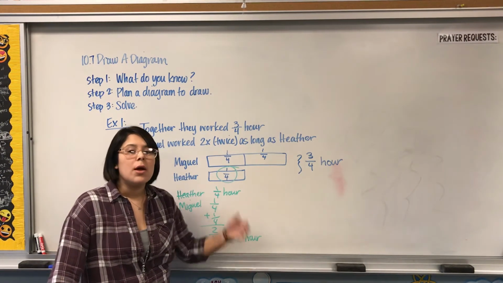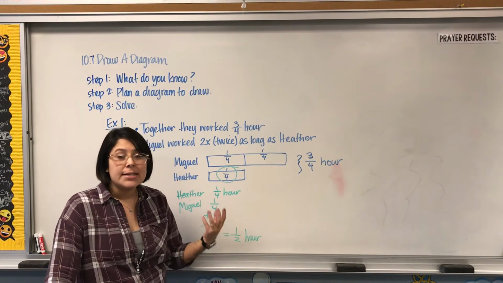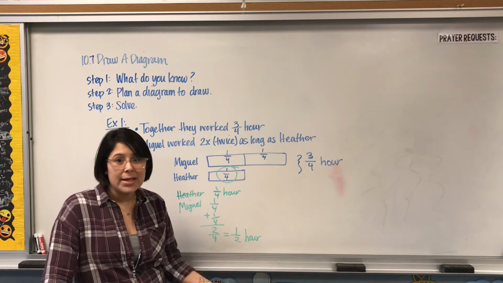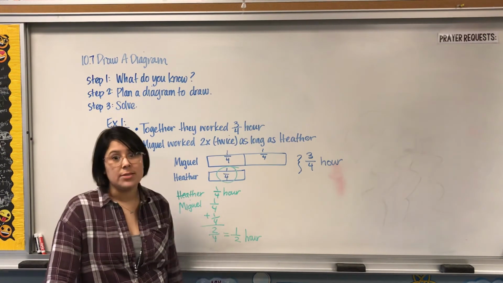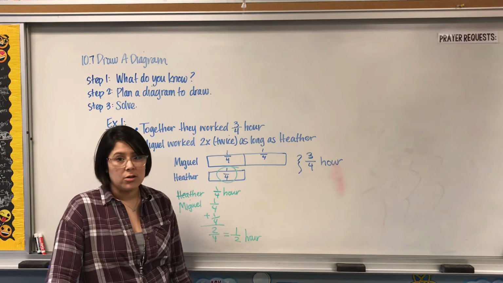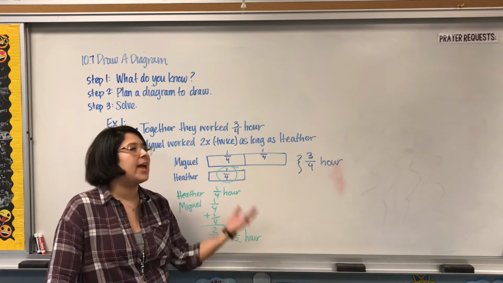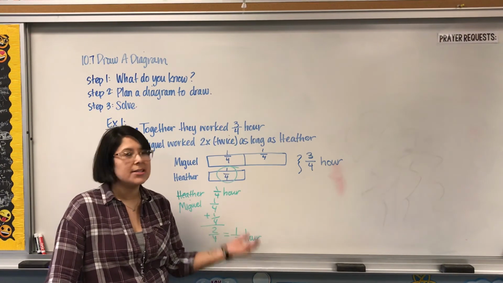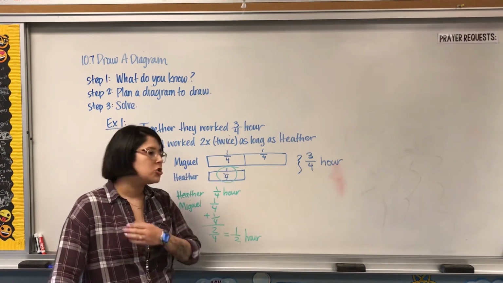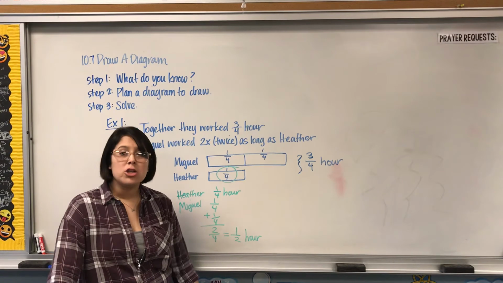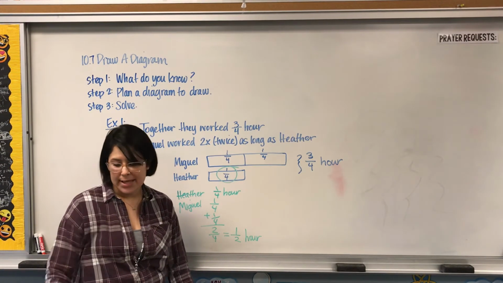No. So make sure you're looking back. Did you get an answer that makes sense? Sometimes yes, sometimes no. Sometimes you look at that and you're like, how did I get that answer? That doesn't make any sense. Scratch it, start all over, okay? Check your work, make sure that it makes sense.